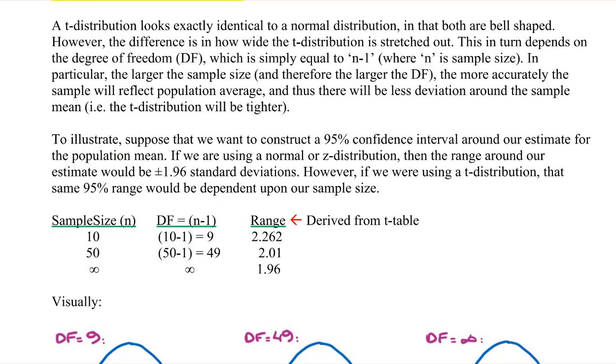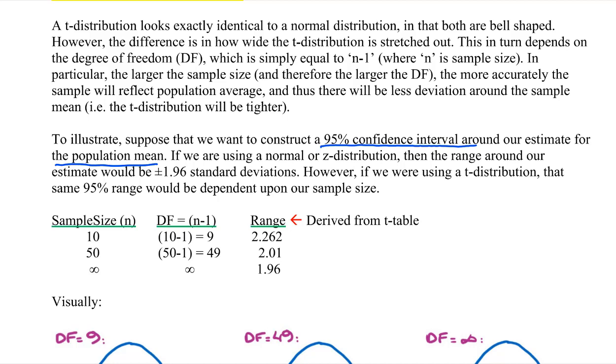So from our sample, we're going to make some inferences about the population mean. But because we're using a sample, there's going to be some uncertainty. And what we want to do, therefore, is construct a 95% range around our estimate. So we want a 95% range within which there's a likelihood that the population mean falls.